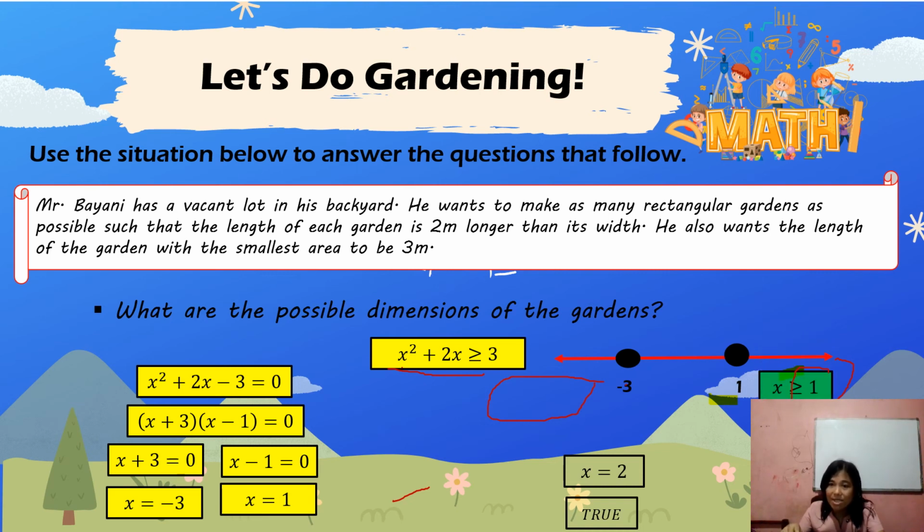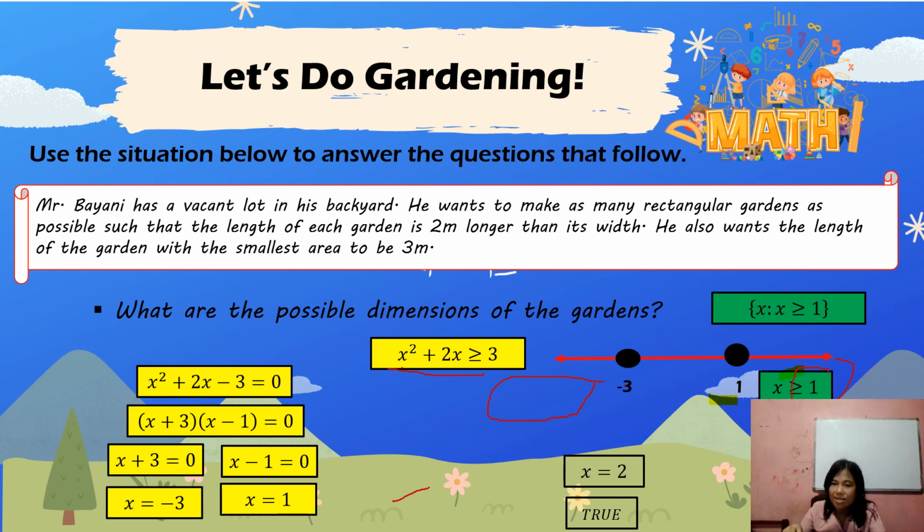Ito lang yung magiging sagot natin. So, yung final answer natin shall be x such that x is greater than or equal to 1. Hindi natin pwedeng isali si x is less than or equal to negative 3 kasi nga kahit pa siya true sa true or false natin, hindi naman pwede yung negative as a value of length and width.